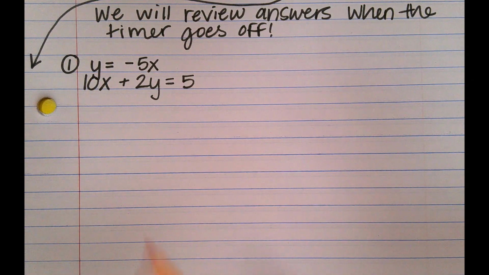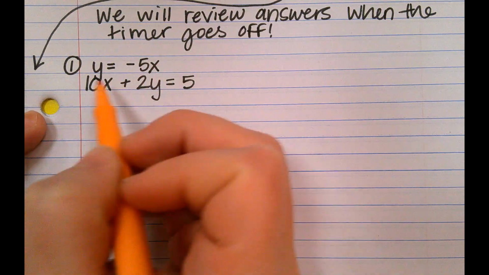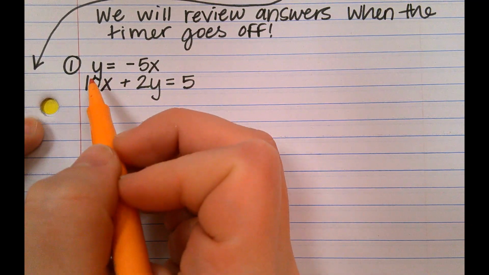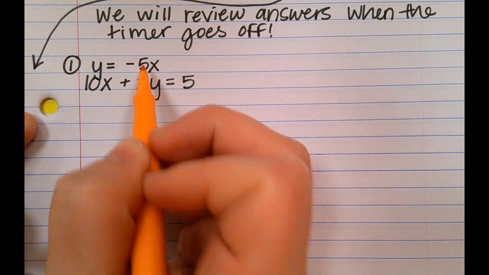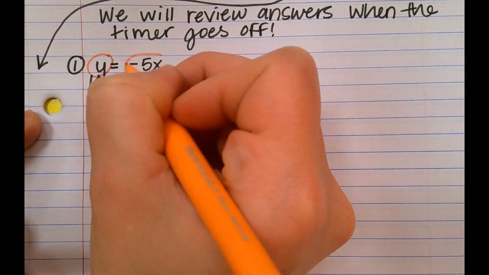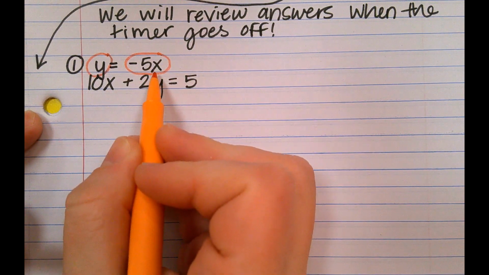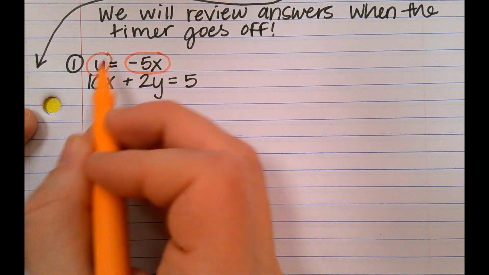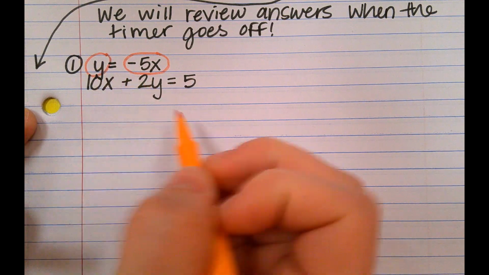We are going to notice, first of all, I've already got y by itself. y is equal to negative 5x. I like to start by circling all my y values. Technically, even though this says x, it's equal to y. So this is the same thing as y.